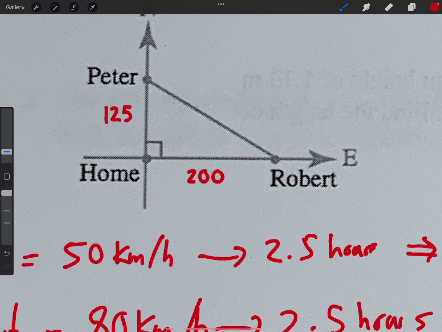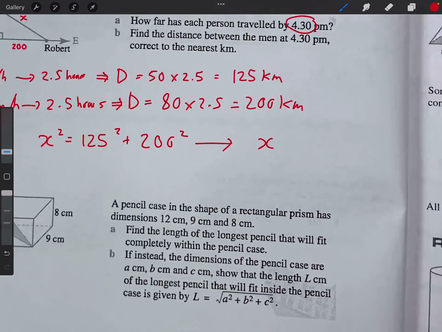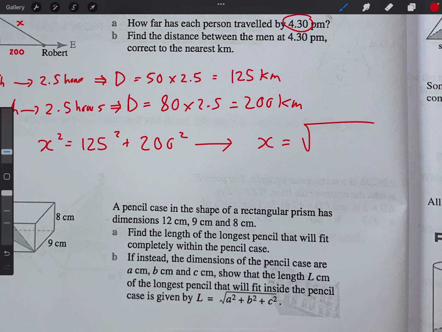To find the distance, let's call this distance x. We can use Pythagoras. x squared is equal to 125 squared plus 200 squared, and you can work out x. x will be equal to the square root of all of that. So work it out. This is to the nearest kilometer.